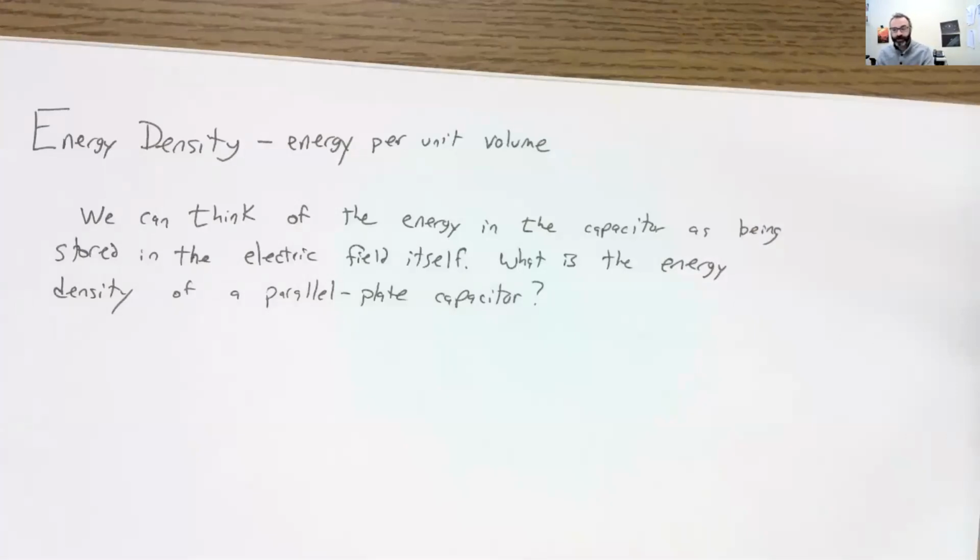When there's no charge on either plate of the capacitor, there's no electric field in between the plates, and there's no energy stored. The more charge you put on the plates, the bigger the electric field, the more energy gets stored in there. So we should be able to come up with an expression for how much energy per unit volume there is in a parallel plate capacitor.